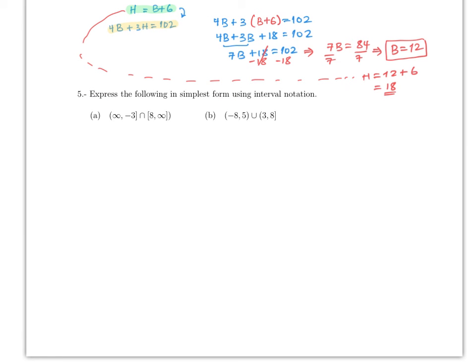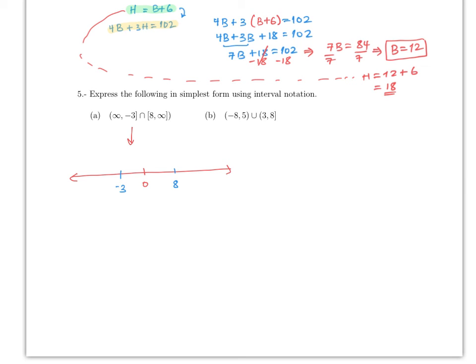All right, so finally, question number 5. They already give you the solution in interval notation, but they want you to express it in simplest terms. So this is what it means. So here you have technically two inequalities. So always put 0 for reference. Minus 3 is here. A is here.